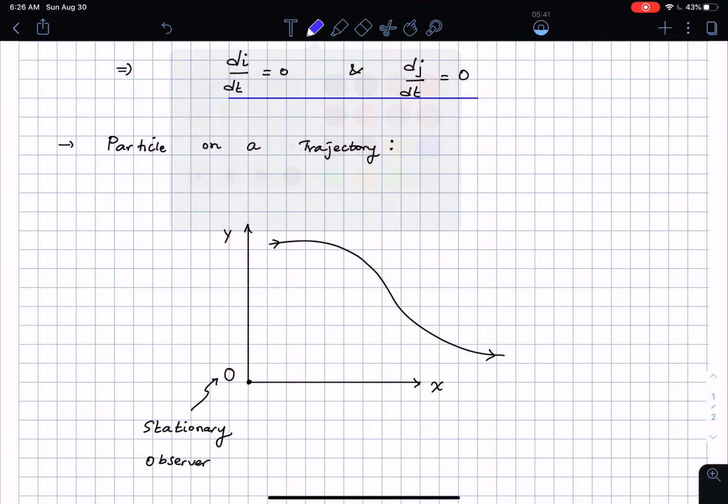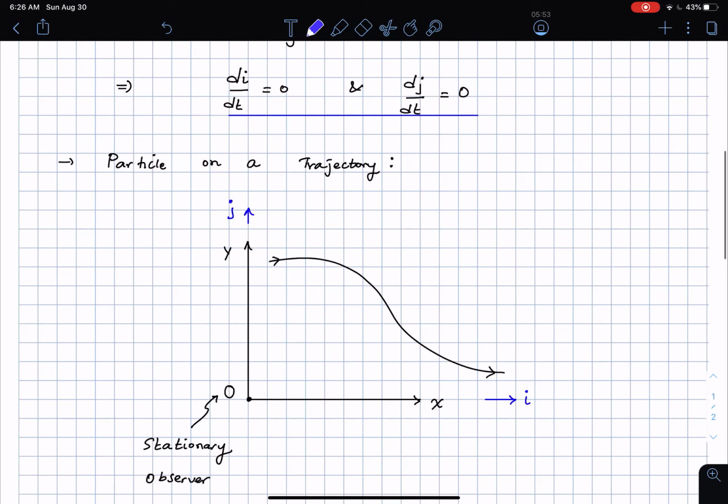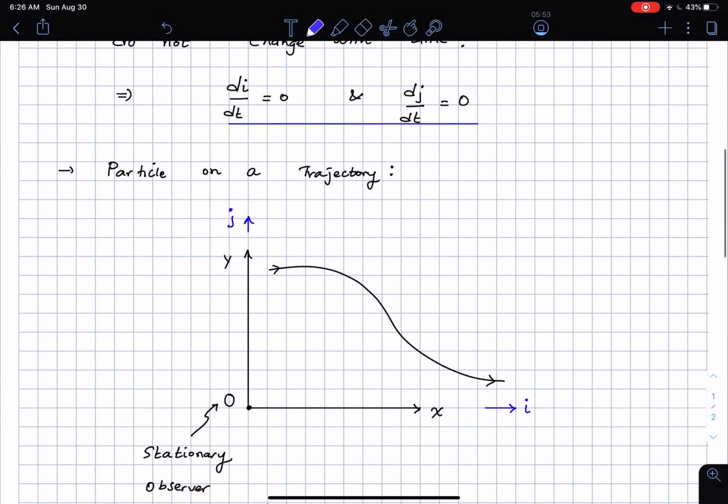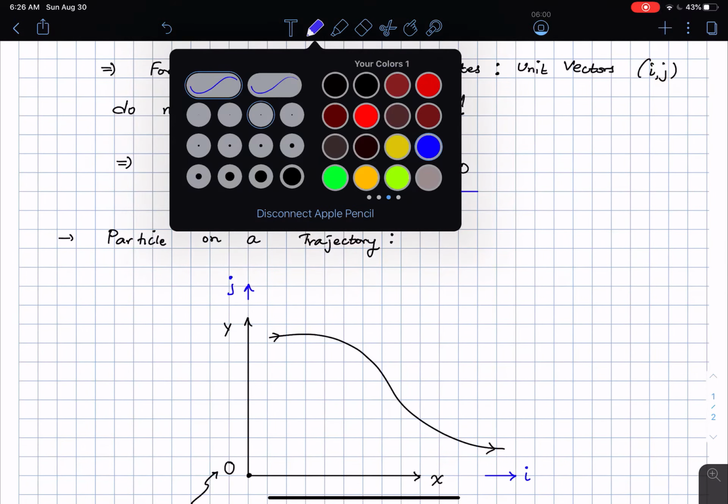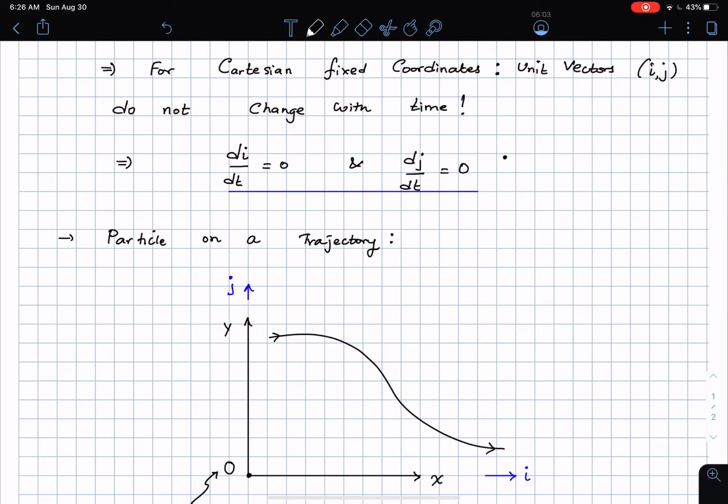You know from before that the unit vectors don't change with the trajectory of the particle. They are always fixed wherever you are on the path. So as a consequence, this kind of a coordinate frame is also called a path independent coordinate frame. So these unit vectors are now path independent unit vectors.